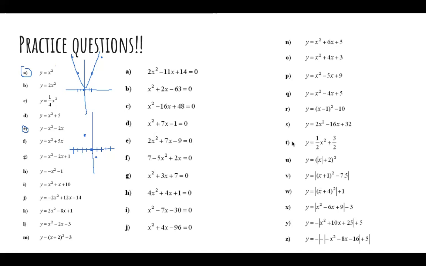So if we choose -2, (-2) to the power of 2 is 4, and then -2 times -2 is also 4, so it should be 8, so it should be even higher. And then if we choose -3, (-3) to the power of 2 is 9, and then -2 times -3 is 6, so that's 15.